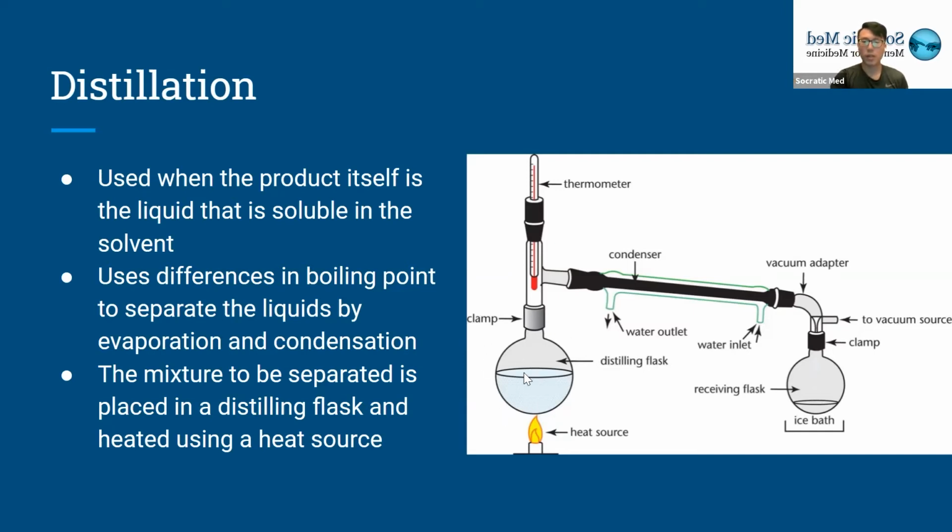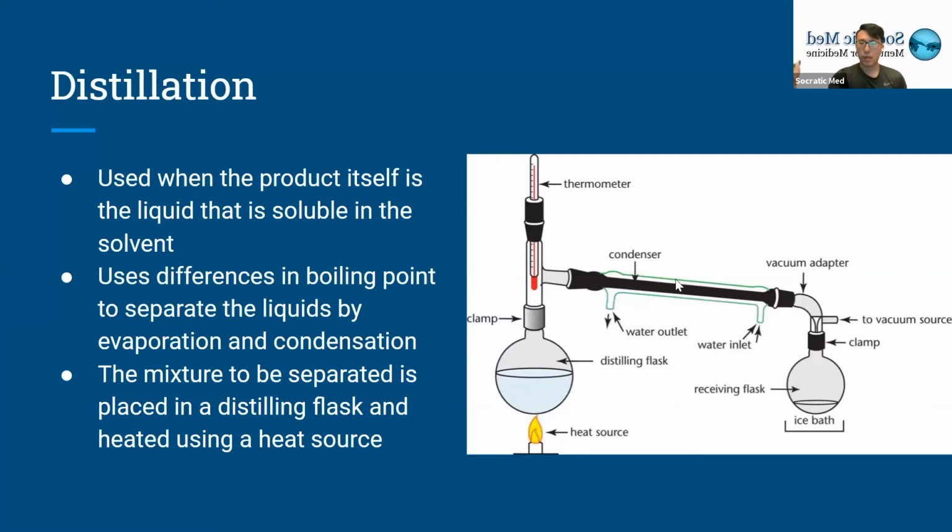Because the liquids in the distilling flask have a difference in boiling point, you can boil the solution, and the first liquid that comes out will be one distinct product, and then anything after that will be a separate liquid that boils at a different temperature. So the thermometer is important because you have to monitor the temperature at which the liquids come out.